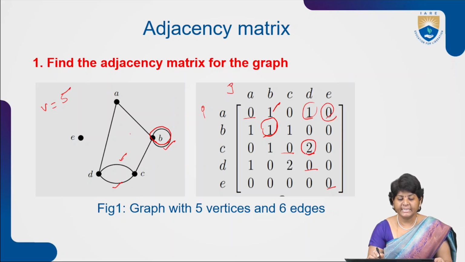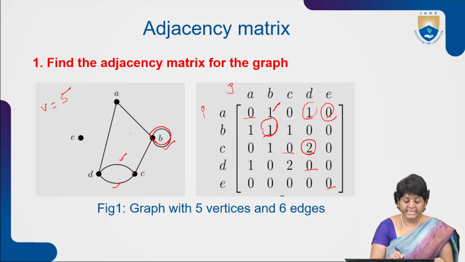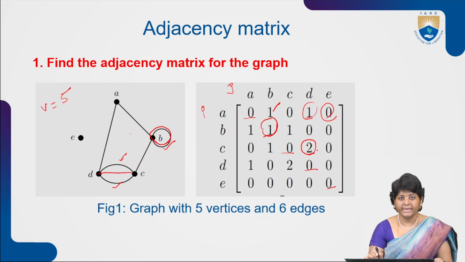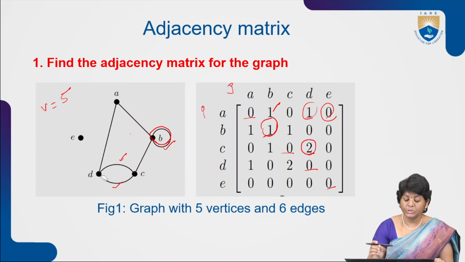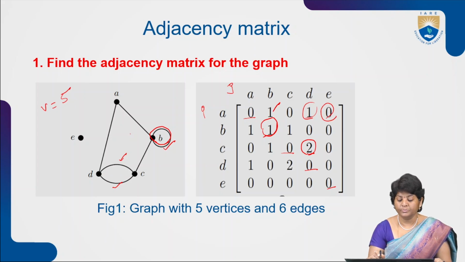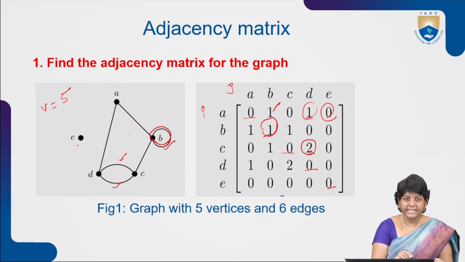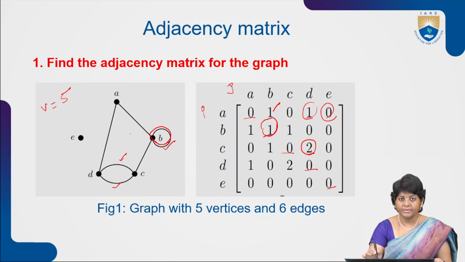From C to D, we mark it as 2. If, for example, one more edge connection were there, then we would mark it as 3. Here we have only 2, so we mark it as 2. C to E, there is no connection. Since E is not connected to any other vertices, for E the values are 0.